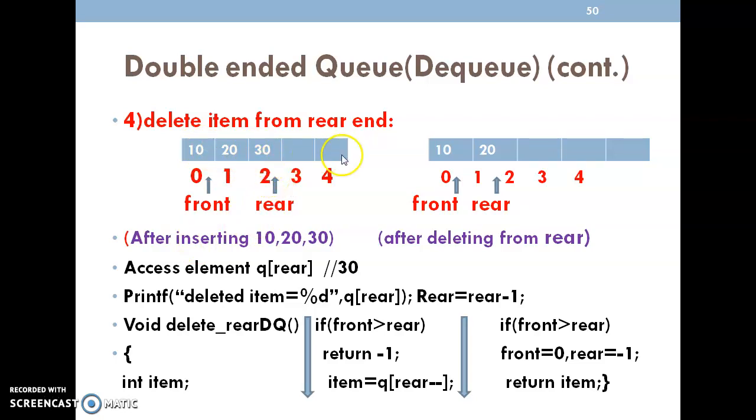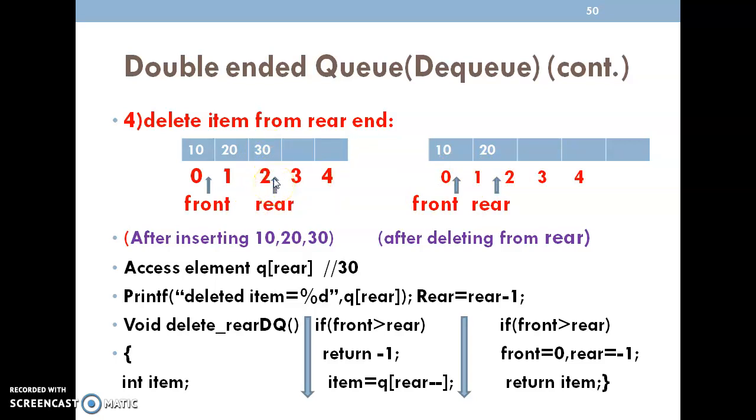If you want to delete the element from the rear end, you have to bring that position from 2 to 1, because after deleting 30, earlier the rear value was at 2. Now it should come back to 1. So rear equal to rear minus 1 will bring back the position of rear. First delete, then decrement the rear pointer.